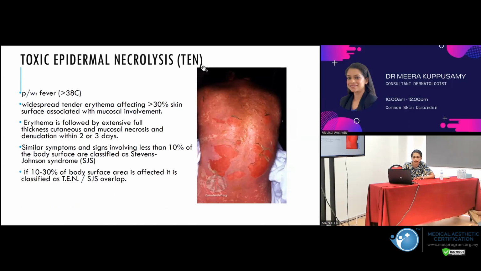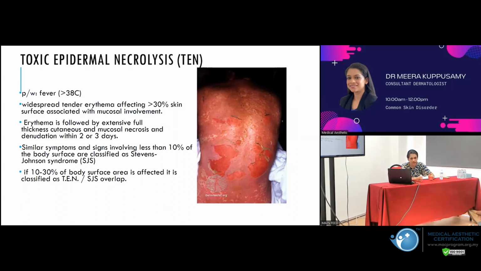This is the most severe form of drug allergy, which is toxic epidermal necrolysis, and it is in a spectrum actually from Stevens-Johnson. In Stevens-Johnson, the skin area involvement is less than 10%. TEN is more than 30%. In between 10 to 30%, you call it Stevens-Johnson TEN overlap.